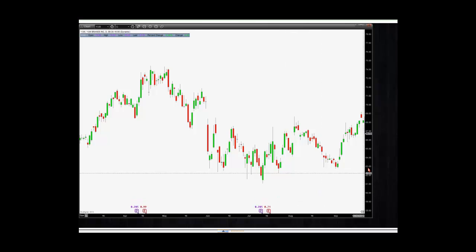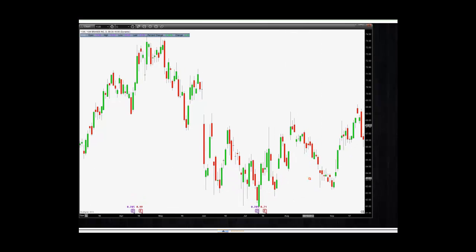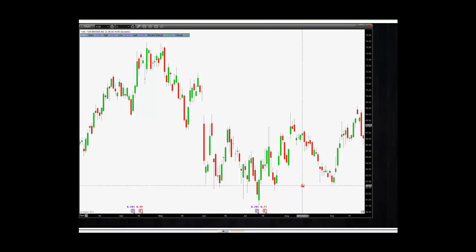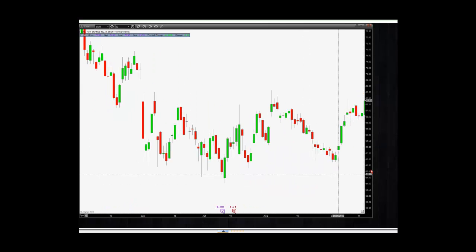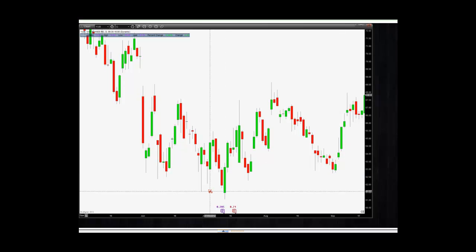2012 in July, we got a great outside day. So remember, if you got in here, you made a few percent. At some point, you get out, whatever your price target was, whatever you feel comfortable with. At some point, the market comes back into this support level, in this case somewhere around 60, 61.5.